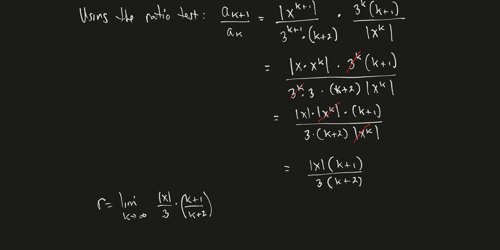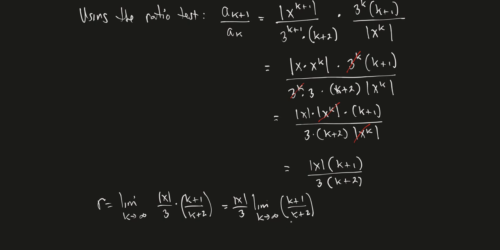This factor here does not include k, so it's treated as a constant. The only thing that's changing is this that I have in parentheses. So I can factor out the absolute value of x over 3, and then we're left with the limit as k goes to infinity of the quantity k plus 1 over k plus 2.